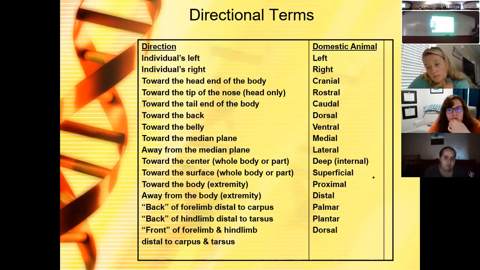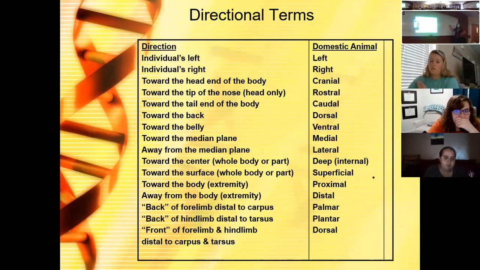Where is my trip started? Shoulder. And what direction do I have to go to get to my elbow? Distal. There you go. If I said my shoulder in relation to my elbow, where did I start the GPS that time? Elbow. And what direction do I have to go to get to the location of my shoulder? Proximal. There you go.